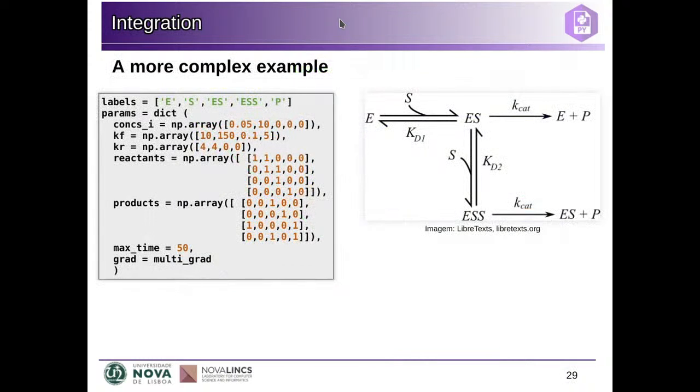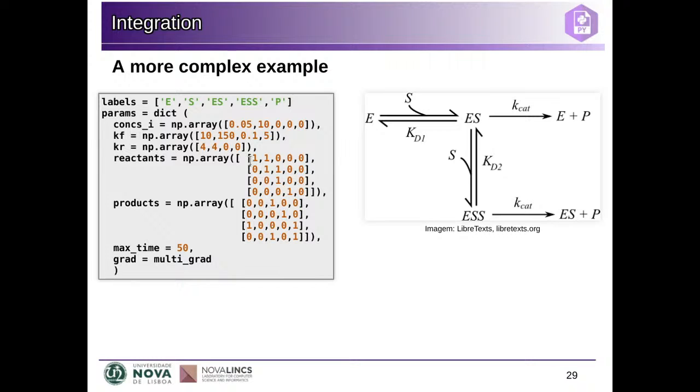But we can complicate things a bit more. Let's consider that we have this reaction where the enzyme may form a complex with a substrate that then produces the product, but this complex may also interact with another substrate molecule and then produce a product, and again create this initial complex with only one substrate. So we can just extend the matrices here. I'm not going to detail each one of them, but basically each of these rows corresponds to one of these reactions.